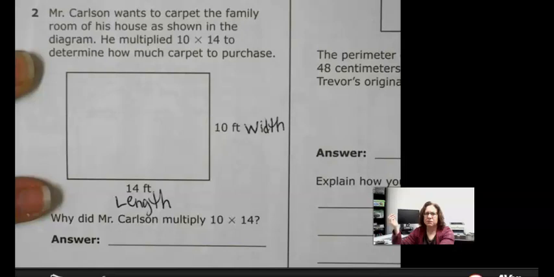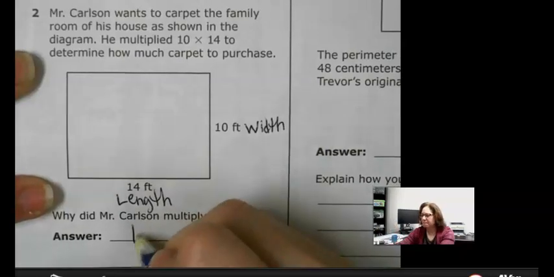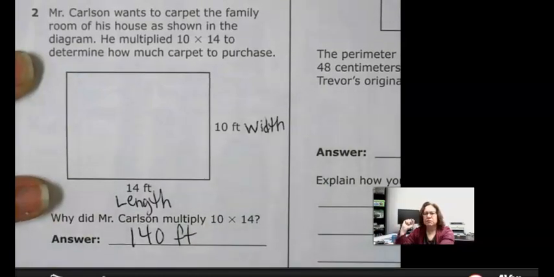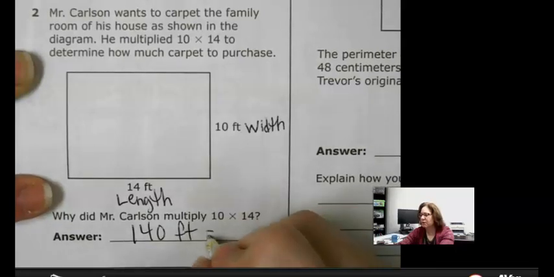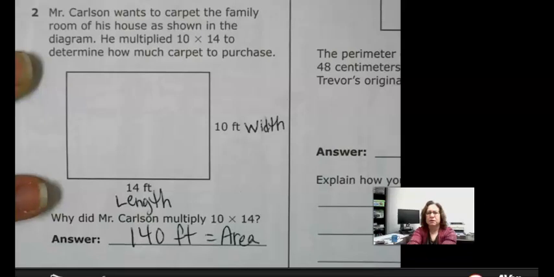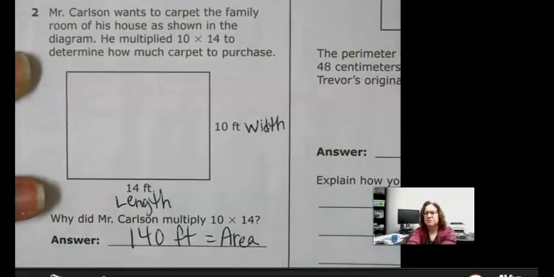And obviously, what is that? Right. 10 times 14 is 140 feet. So his area, why did he do that? Because he's solving for area. He's covering the floor. Good. So now you know the difference between area and perimeter, and you know how to solve for them.